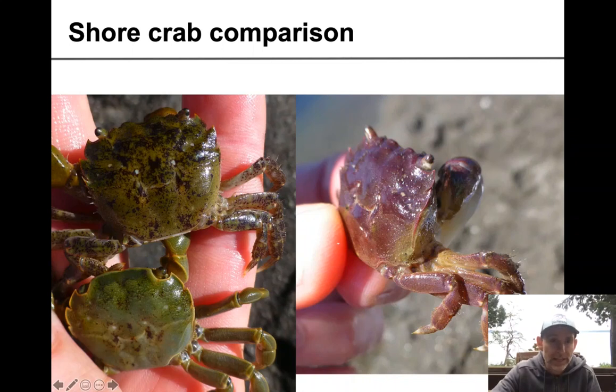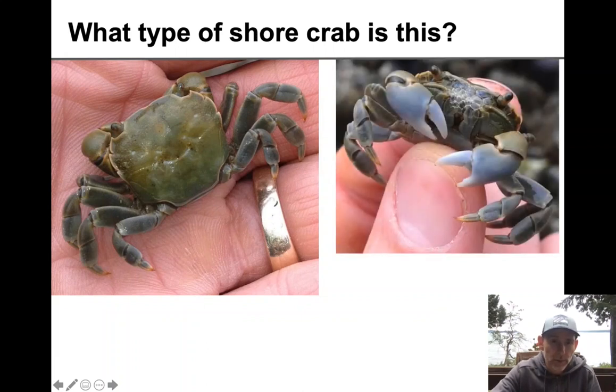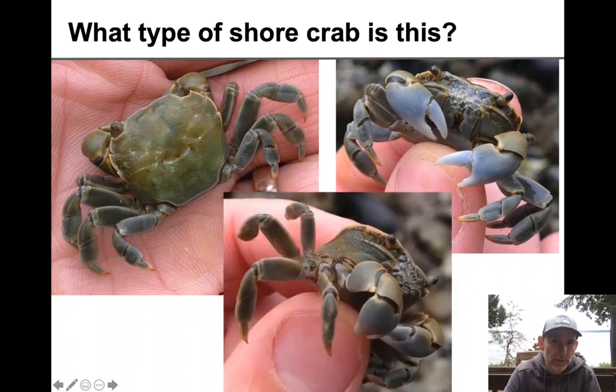All right, so now a test for you. I'm showing you 3 images of a short crab. This is a single crab, 3 different images. I've just shown you how to identify 3 different types of short crab. The invasive European short crab, the native hairy short crab, and the native purple short crab.